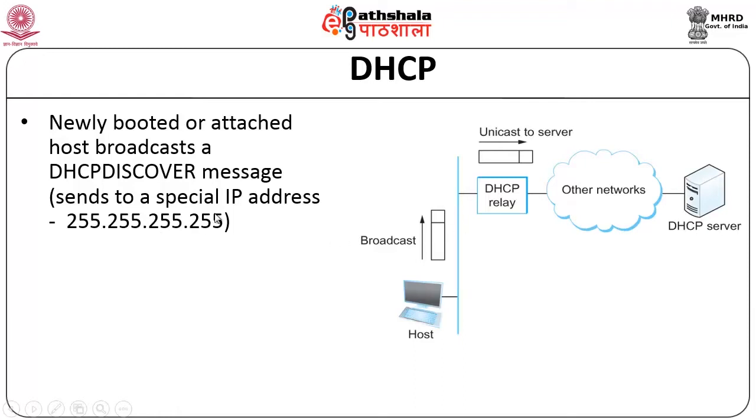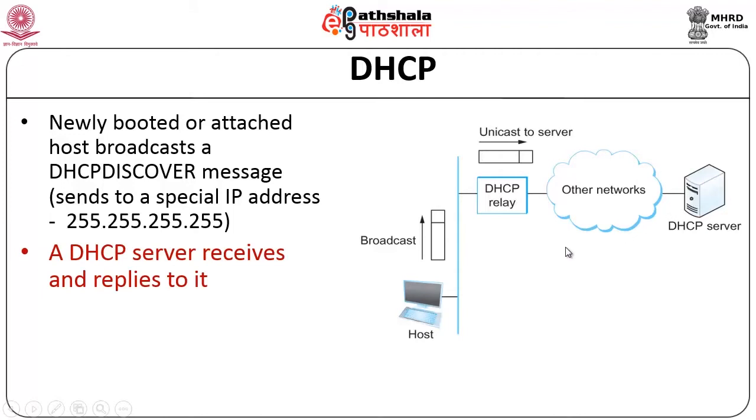Since it is a broadcast, it uses the special IP address of all ones, 255.255.255.255, and it is broadcast on this network. The DHCP relay will pick up this message and relay it to the DHCP server. It knows the address of the DHCP server, so it will unicast it to the server. So the DHCP server receives a DHCP discover message.